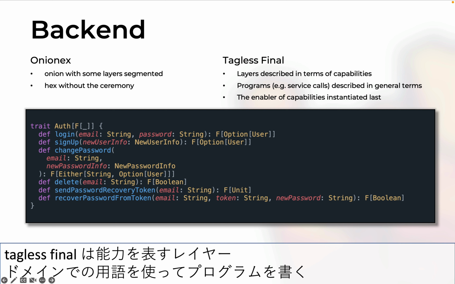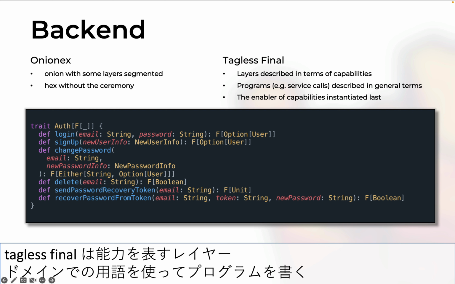Now, the way that we implement tagless final in Scala for our specific application is that we require the presence of implicit type class instances. So our layers in the onion architecture are described in terms of their capabilities by virtue of the presence of type classes. And in this way, we ensure that our layers either compile for certain kinds of expressions and don't compile for others, depending on whether those expressions enable those capabilities or not.